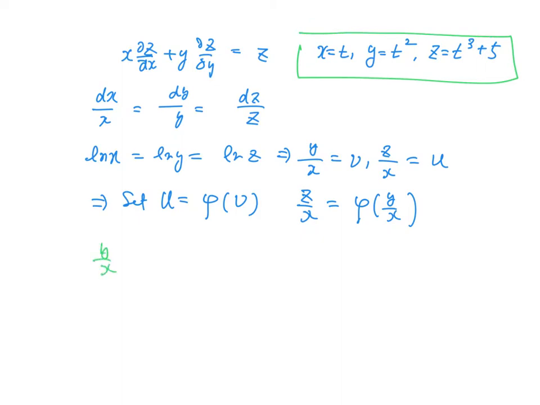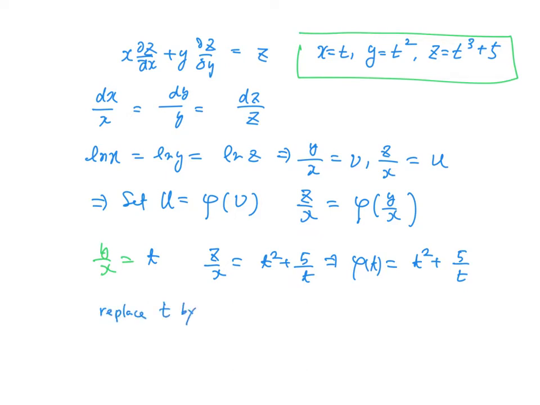y over x is t, right? And z over x is simply t squared plus 5 over t. So that means phi of t is simply t squared plus 5 over t. Or you can replace t by y over x.